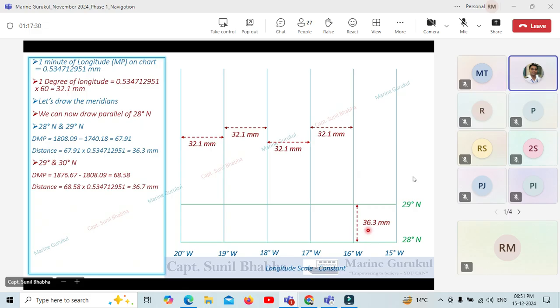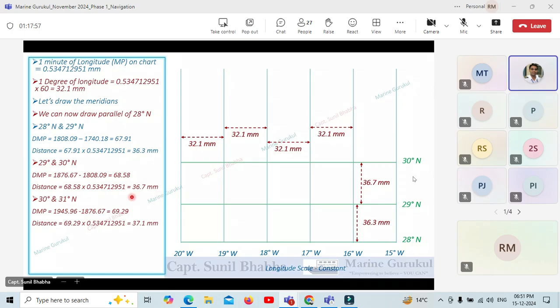Though the increase is very marginal as far as our resolution is concerned, still this calculation needs to be shown in the question. The examiner is specifically looking for this distance which you are calculating. So keeping this distance of 36.7 millimeters now, you mark off a parallel of 30 degrees north.